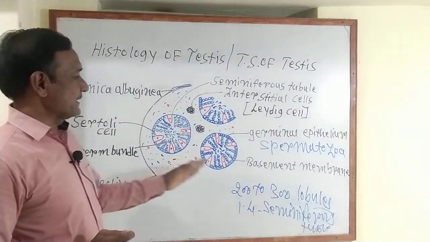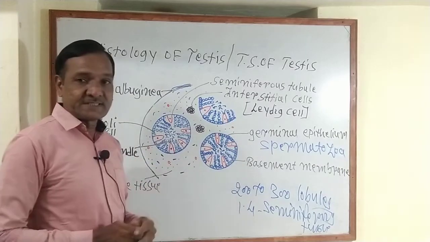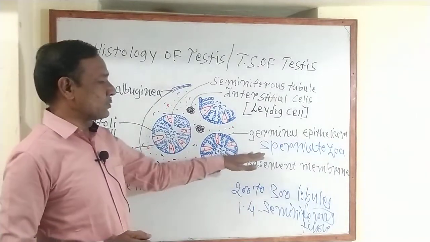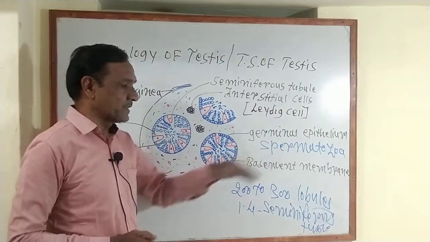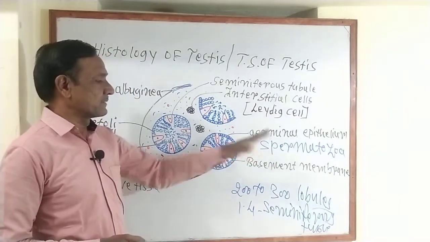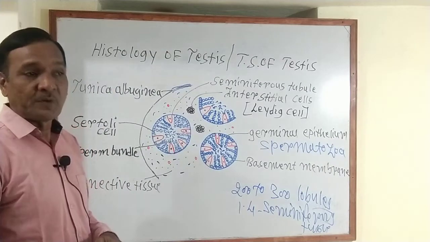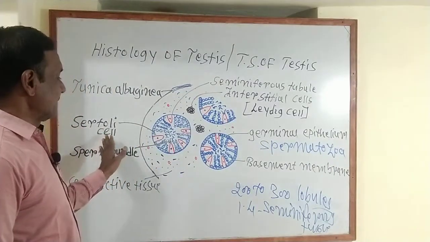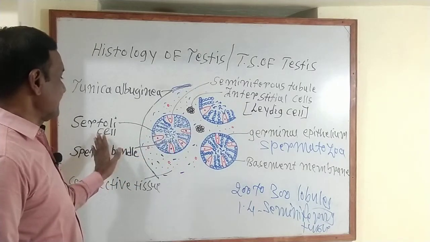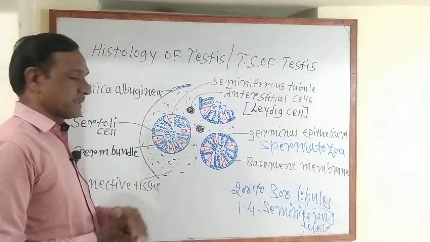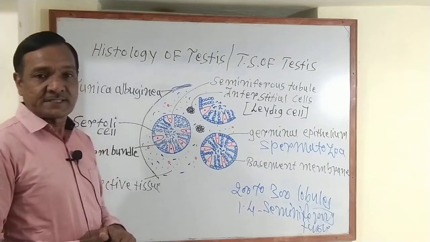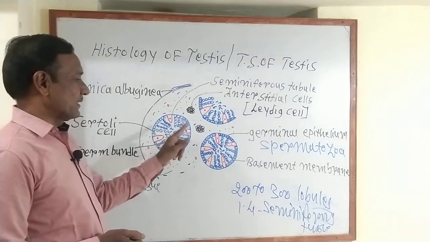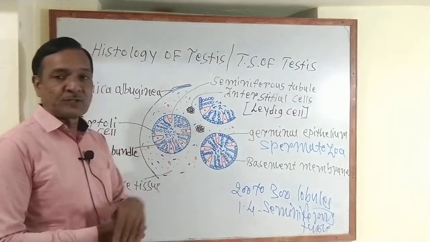They undergo gametogenesis, or spermatogenesis, to form the spermatozoa, also called sperms. Then these Sertoli cells, the pyramidal cells, are also called sustentacular cells. They provide nourishment to the developing spermatozoa.